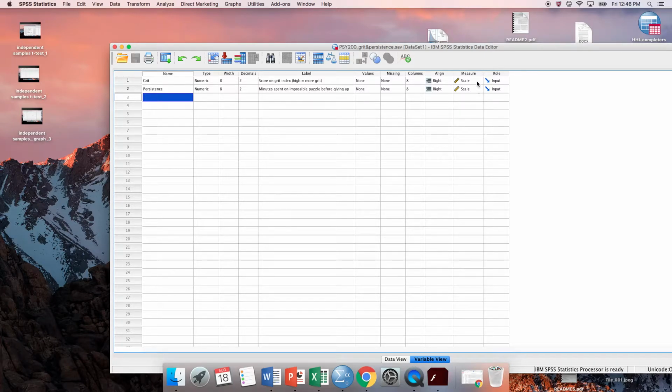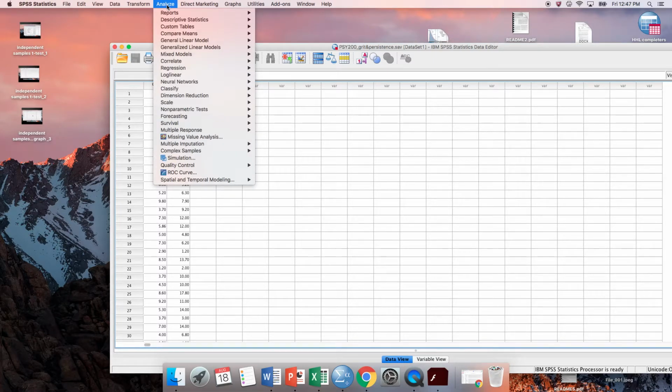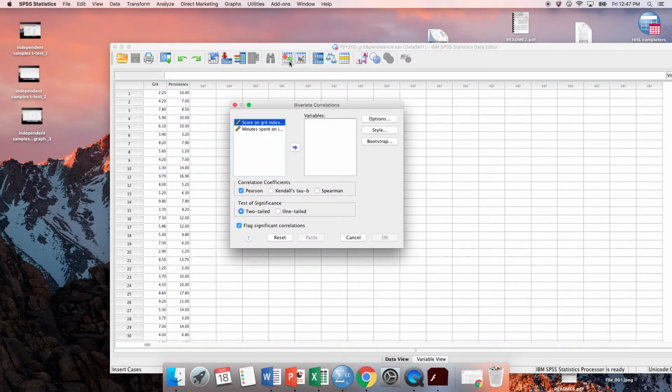Both of these are scale variables, also known as continuous variables, also known as interval ratio data. So with that, it makes it a perfect fit for correlation. What we're looking at are the relationships between these two variables. So I'm going to analyze, and from analyze, I'm going to go to correlate. And what we're doing is a bivariate correlation, a correlation between two variables, bivariate.